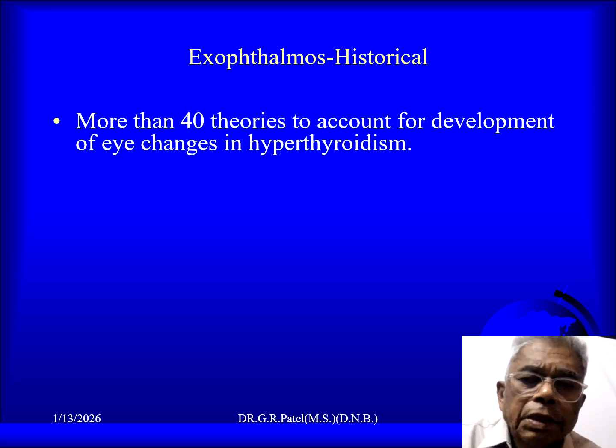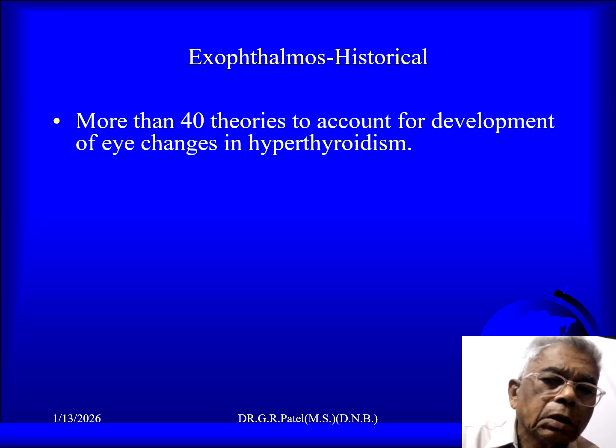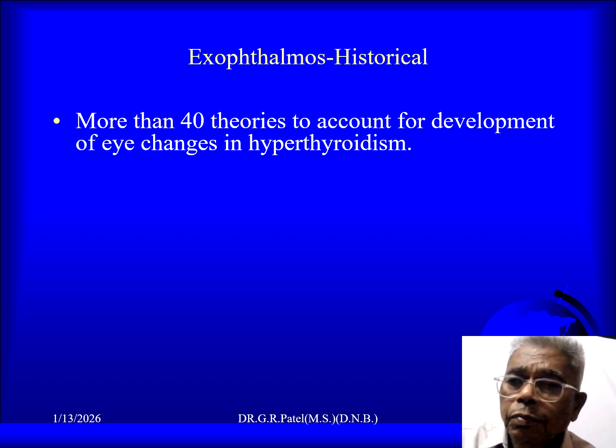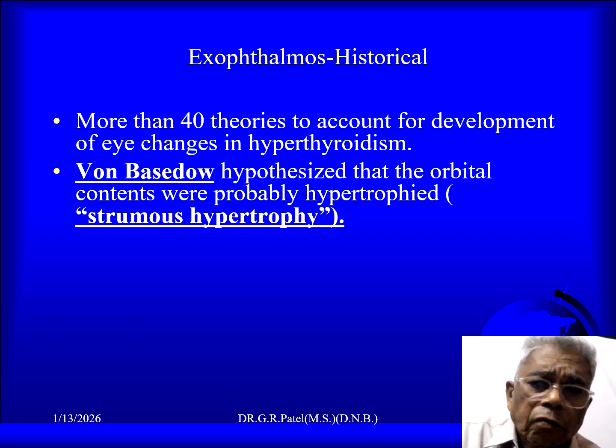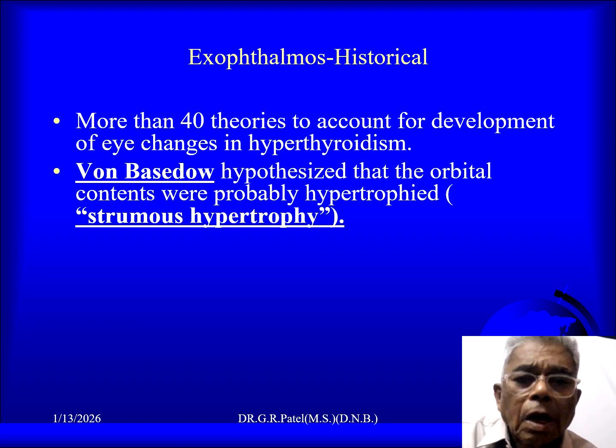More than 40 theories to account for development of eye signs in hyperthyroidism. Von Basedow hypothesized that the orbital contents were probably hypertrophic.